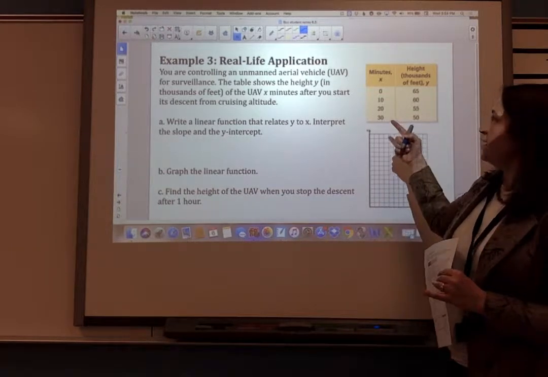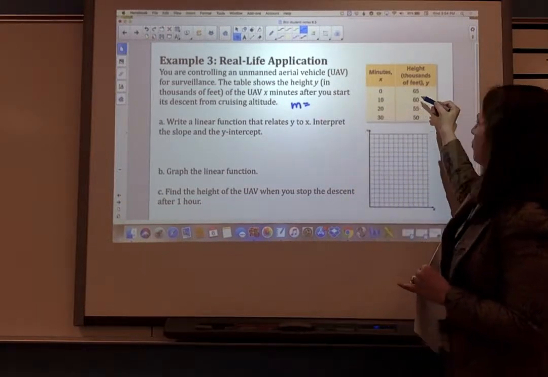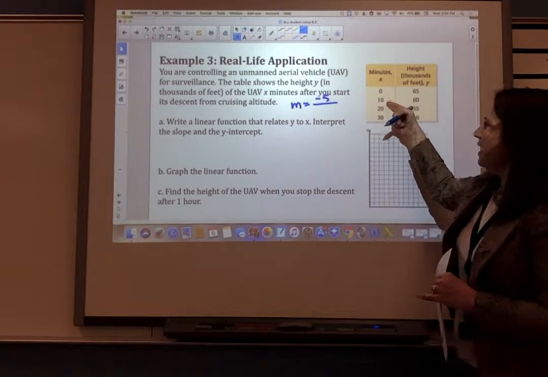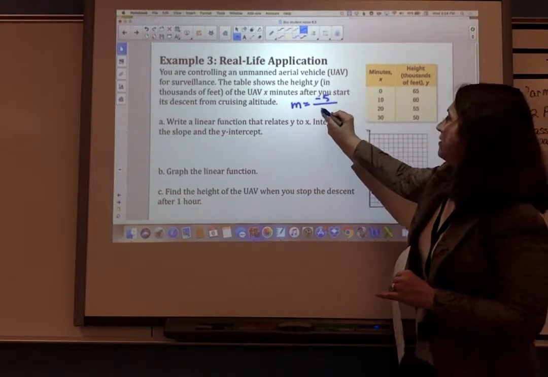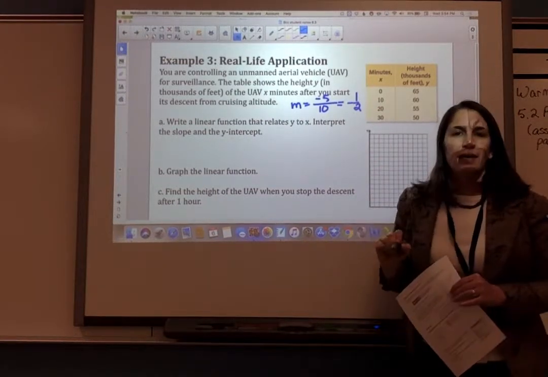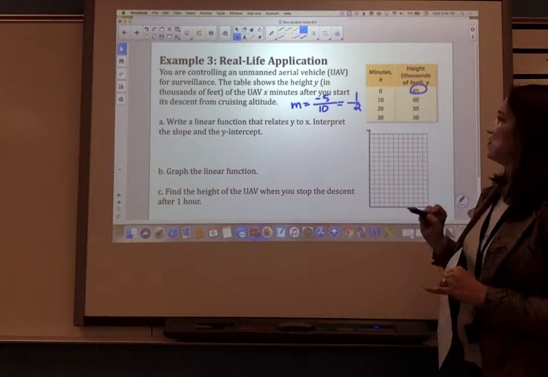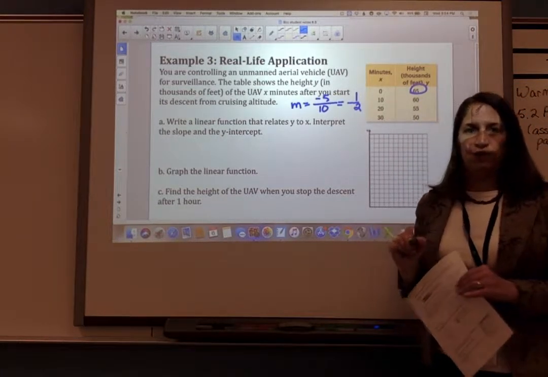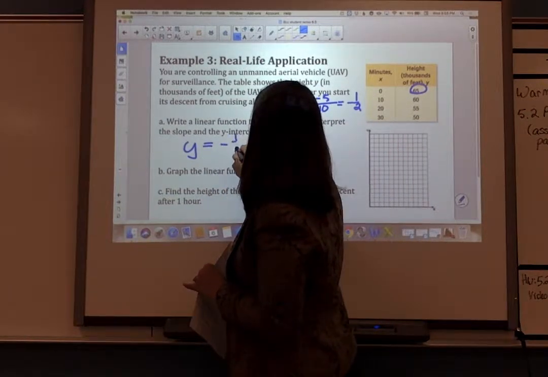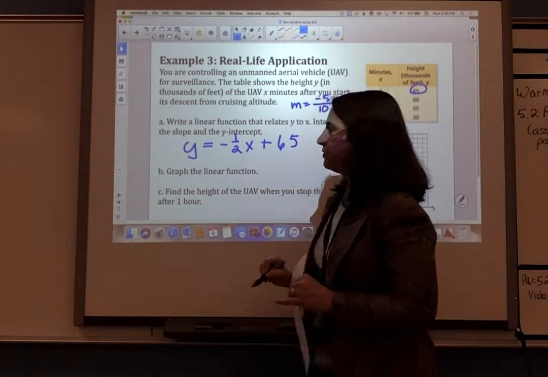So we're going to start by finding the slope. 60 minus 65 is -5, and 10 minus 0 is 10. So our slope is -1/2. We need the y-intercept as well. At 0 minutes, we're starting at 65,000 feet. So our linear function will be y equals -1/2 x plus 65.